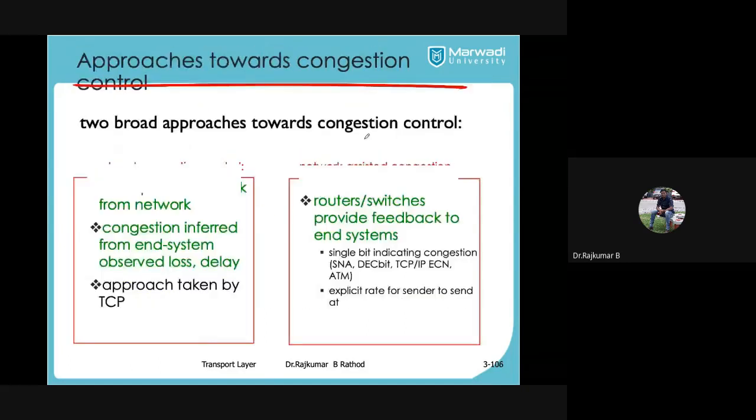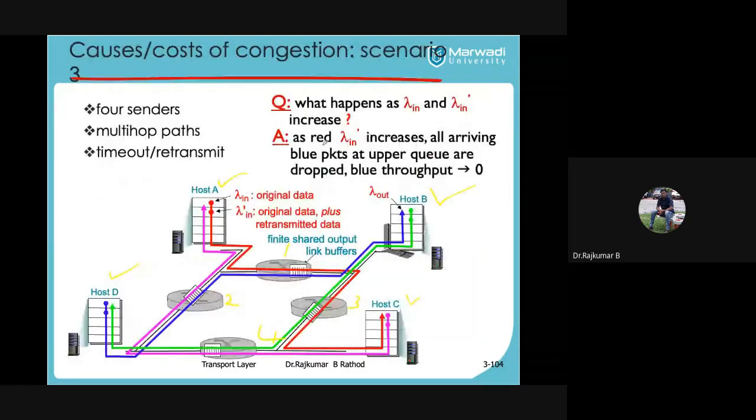Let us see here. There is a transmission from host A to host C, and that transmission is represented as the red line.